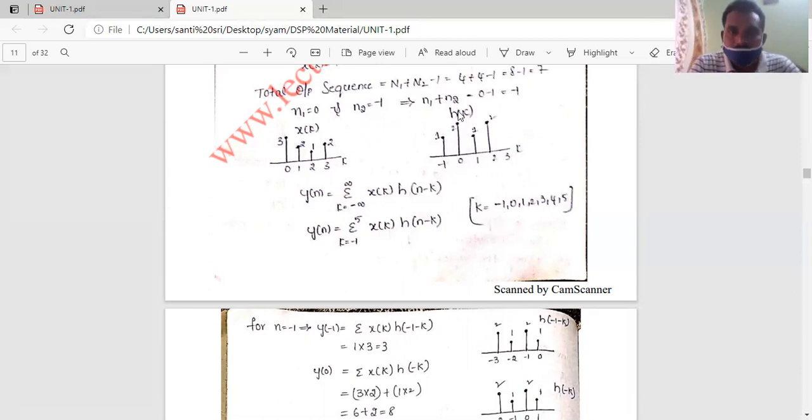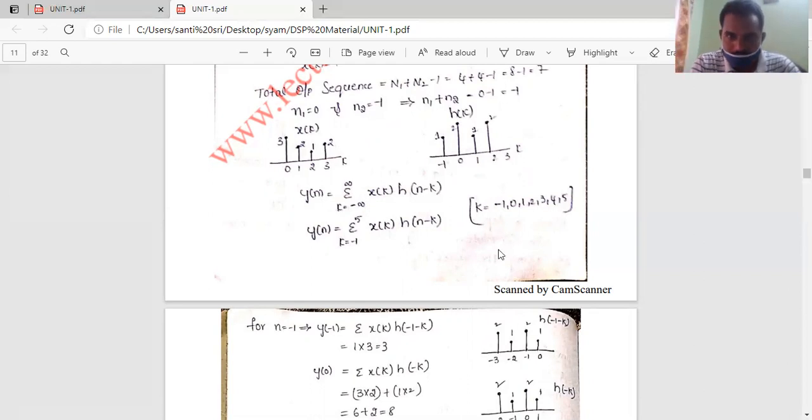Similarly, minus 1 minus k equal to 0. Okay, so minus 1 minus k equal to 0, minus k equal to 1. If we take minus as common, minus of 1 plus k equal to 0, k equal to minus 1.